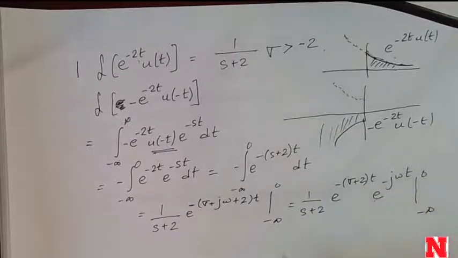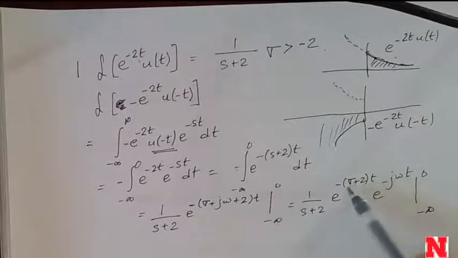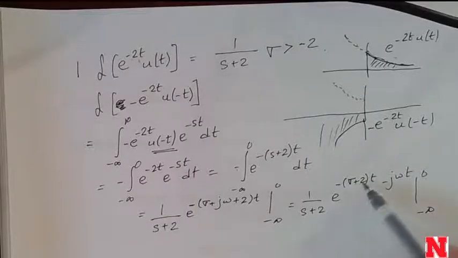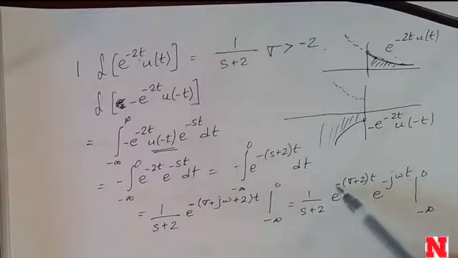So that means I'll get sigma plus 2 times infinity. So if sigma plus 2 is positive, then I'll get e to the positive infinity, and that'll blow up. If sigma plus 2 is negative, then I'll get e to the minus infinity, and that'll go to 0. So the region of convergence is then whenever sigma plus 2 is negative, right? Because the minus here and the minus here are going to cancel out.